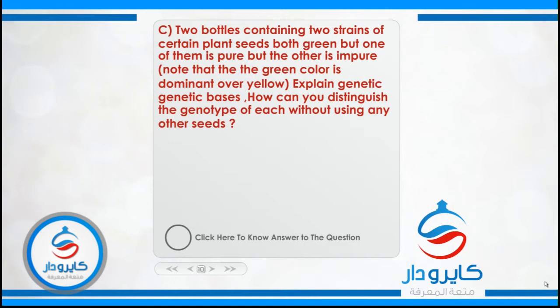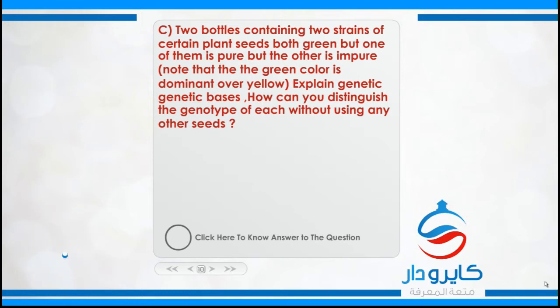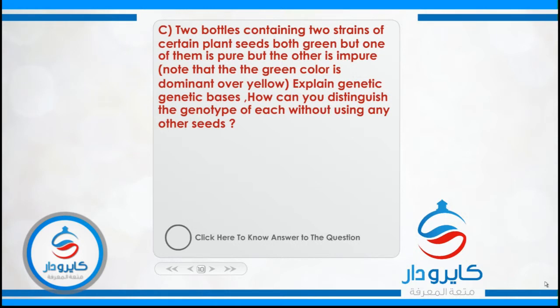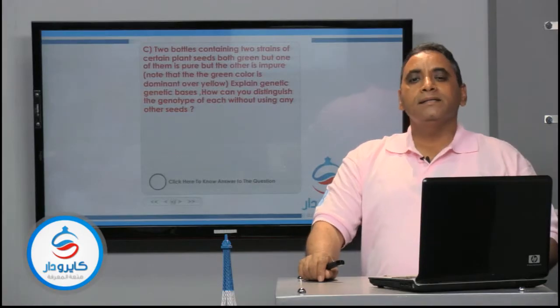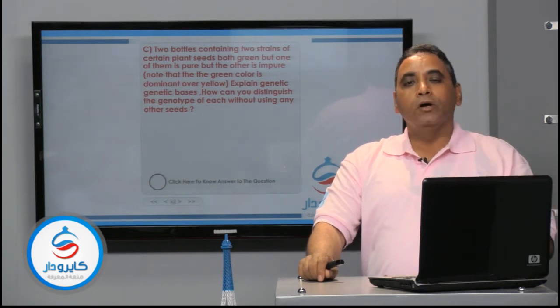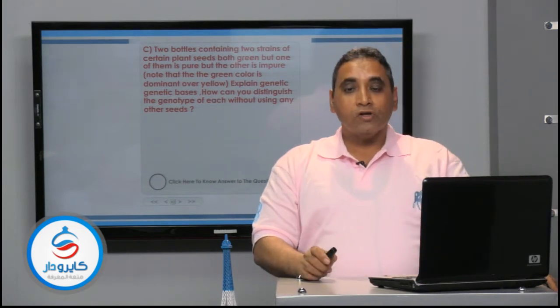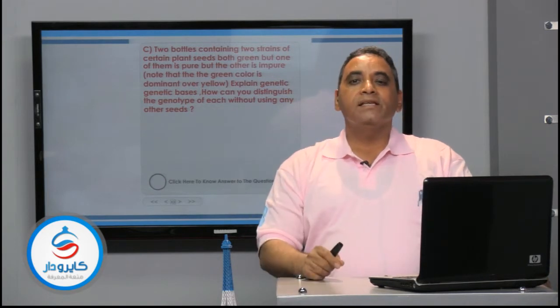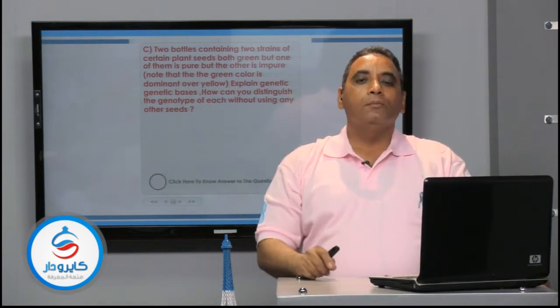If all the individuals are dominant, that means the genotype is pure. But if the offspring are produced 50-50, 50 dominant and 50 recessive, that indicates that the individual is impure. But this question says to use these seeds only. That takes place by test cross, but the test cross in this case takes place by self-pollination of both of them.